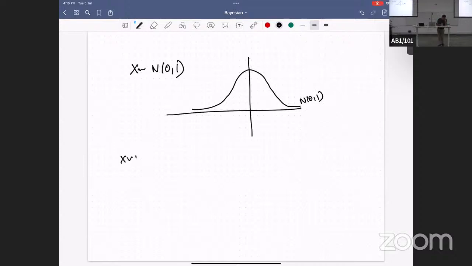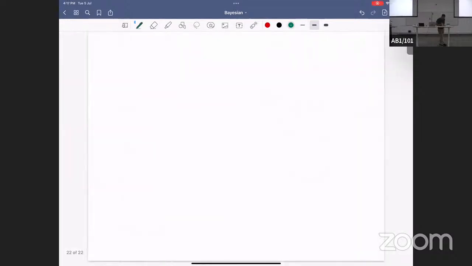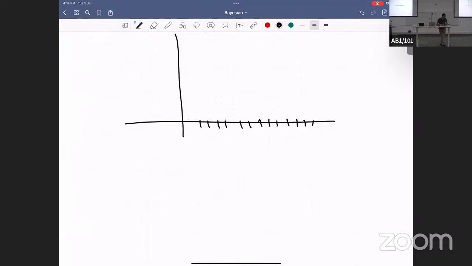If I had written x is normally distributed with mean 5 and variance 1, that would have looked like this. So here x, random variable x, is normally distributed with certain mean and certain variance, right? But in the slide that you had seen, you first have some x, right? Corresponding to each x, you have an f value.